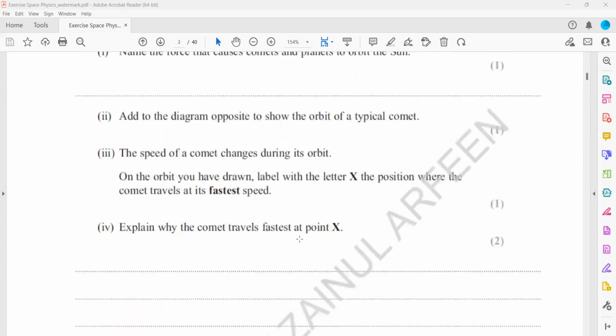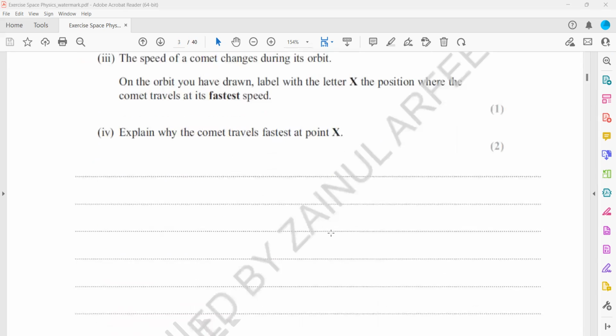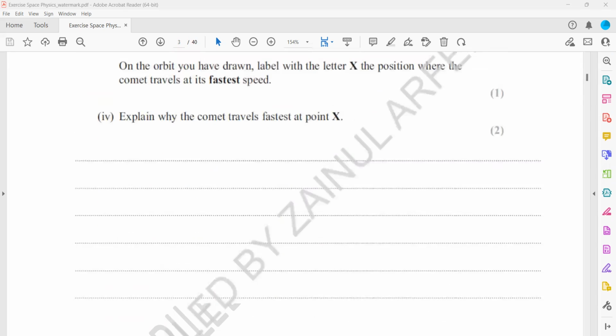Explain why the comet travels fastest at point X. It's 2 marks. So what points will you include? First thing, the total energy is conserved.